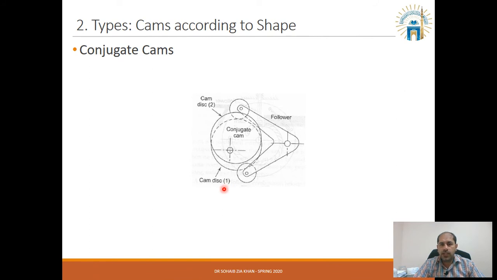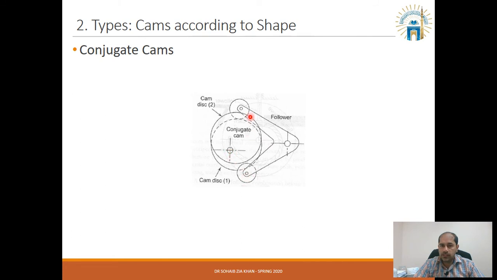Then we have a conjugate cam. So in this you can see that there are two cams attached with it. There is this disc number 2 and this is disc number 1. This will allow this follower to move right and left, right and left. So it's like a switch on, switch off kind of situation over here.